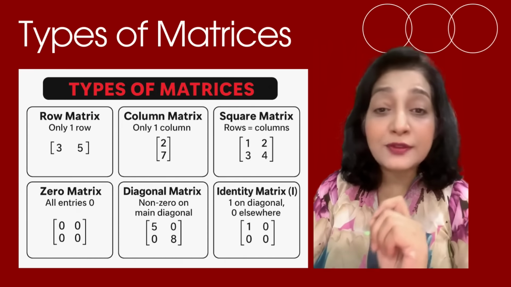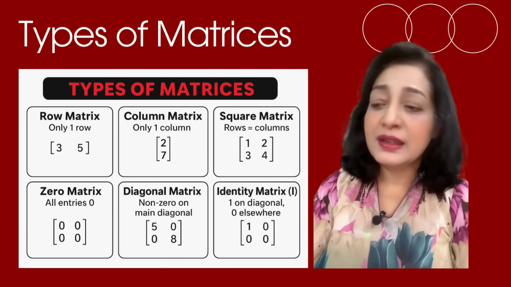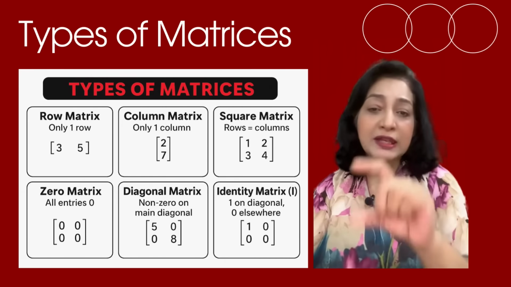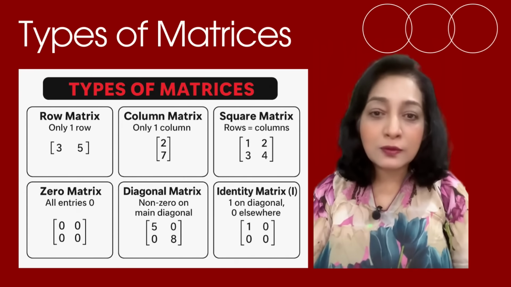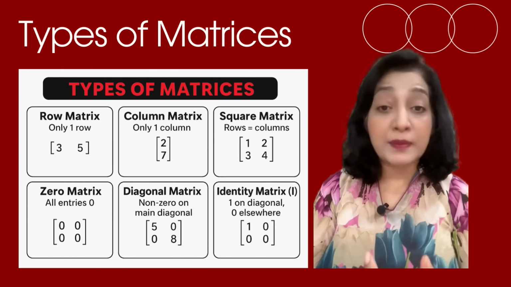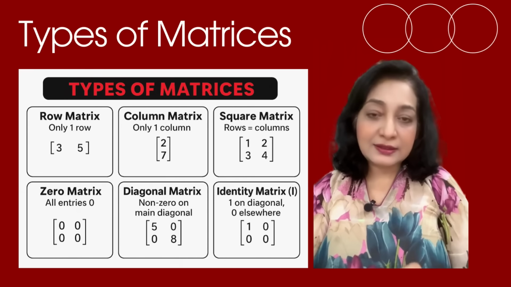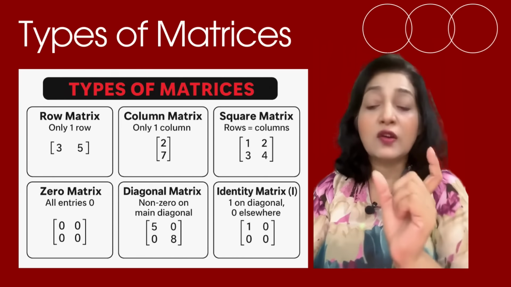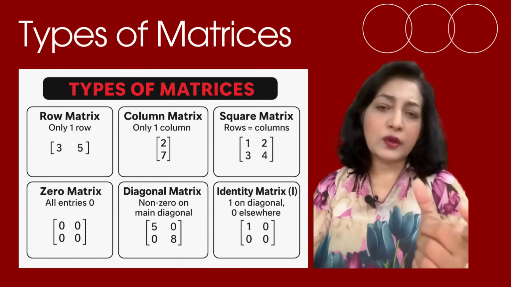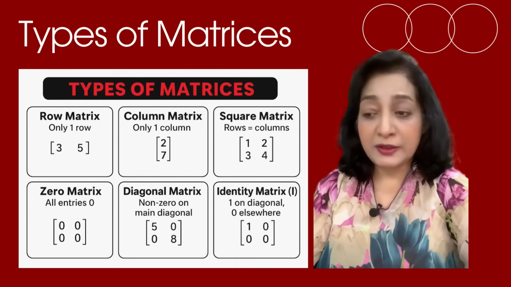Now, types of matrices. Look at the screen. I am showing here, number 1, row matrix, like 3, 4, 5 in a row. It's called a row matrix. Number 2 is column matrix, where 2, 7, 9 like this. It's a column matrix. Square matrix: in this matrix, 4 elements, 1, 2, 3, 4. It's a square matrix.